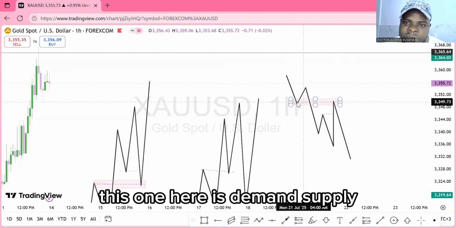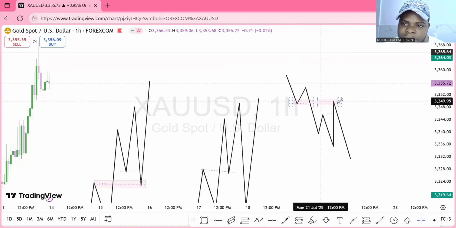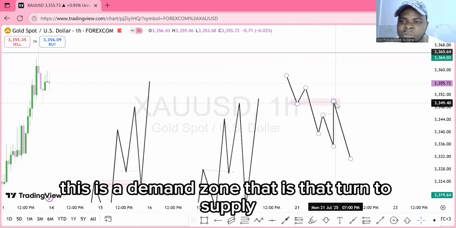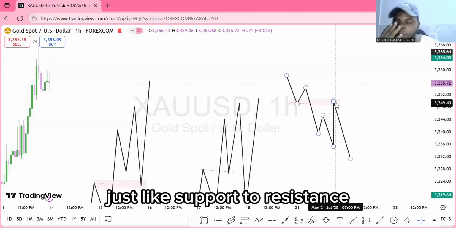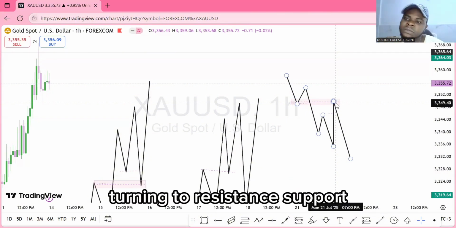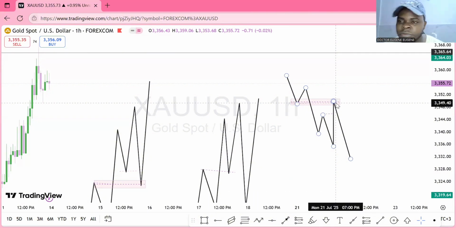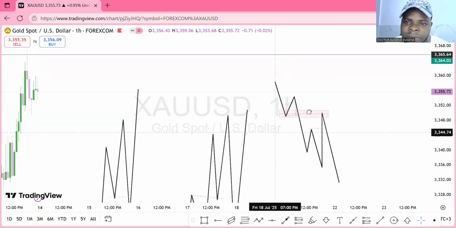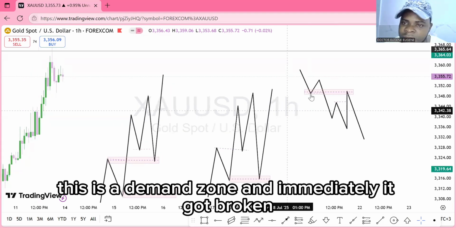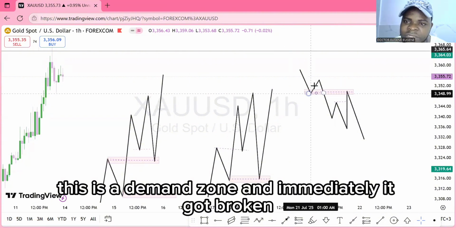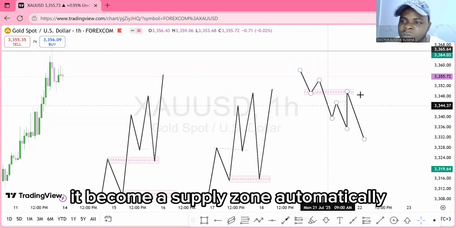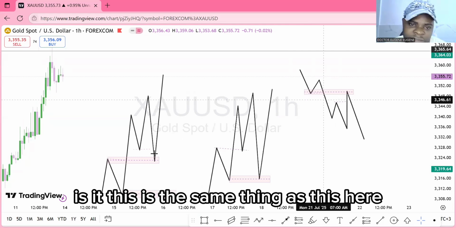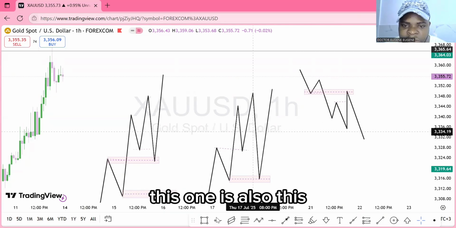This one here is demand supply. This is a demand zone that turned to supply, just like support turning to resistance. Okay, it is as simple as that. This is a demand zone, and immediately it got broken, it becomes a supply zone automatically. That is it. This is the same thing as this here. This one is also this.